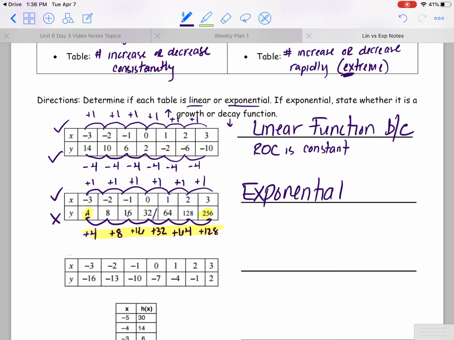Now, more specifically, is it growing or is it decaying? If you look at your y values, I'm definitely going up. They get bigger and bigger each time. So this represents exponential growth, because my rate of change is not constant. And again, there's an extreme change in the numbers.